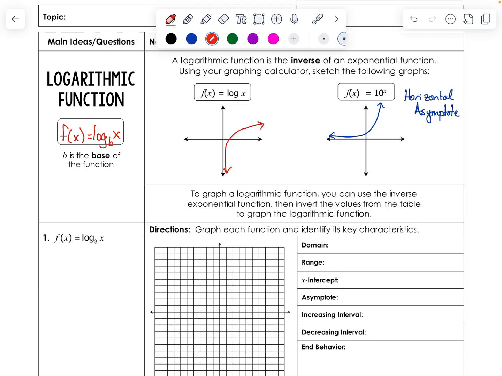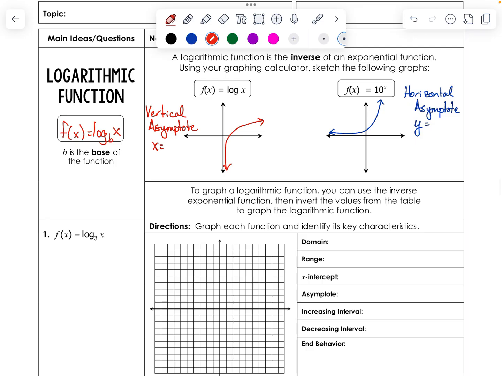My logarithm functions have a vertical asymptote. And it will not change if my graph shifts up or down, but it will change if it shifts left or right. So for my exponential functions, the asymptote changes as it shifts up and down. And my vertical asymptote will change depending on if it shifts left or right.